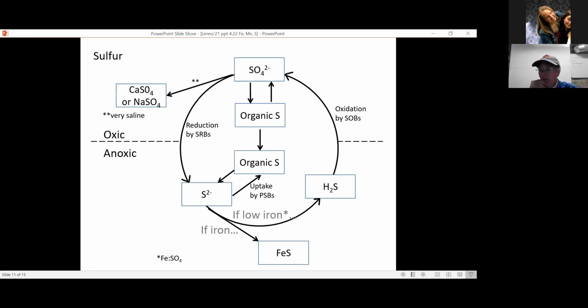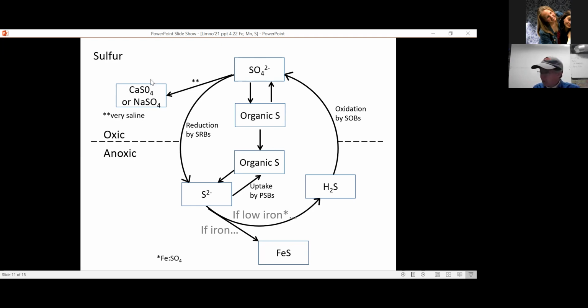As the concentration of ions increases, the carbonate reaches its saturation limit first. But the sulfate can continue to increase. The sulfate will form minerals with calcium and sodium. So in very saline waters, you can get precipitation of calcium sulfate and sodium sulfate.